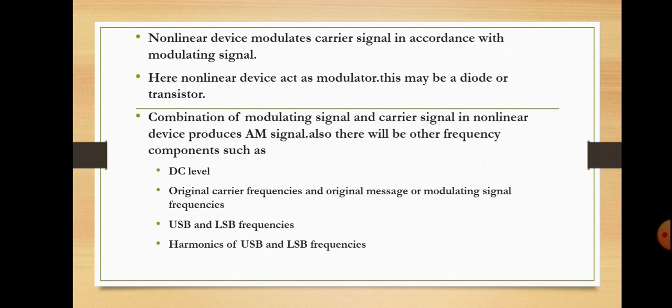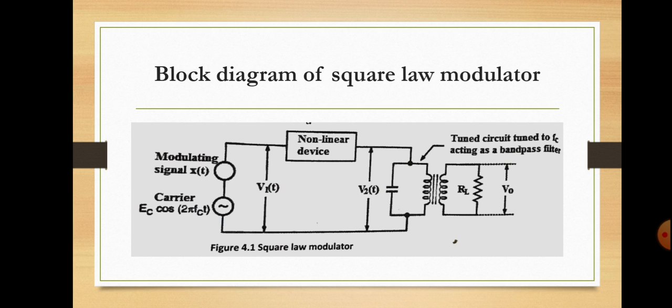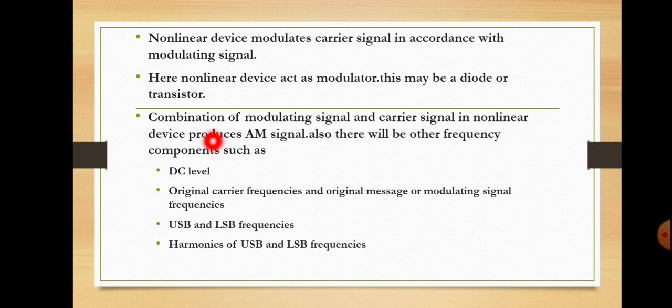And also there will be other frequency components at the output of this nonlinear device. Along with this amplitude modulated wave, there will be some other frequency components present, and those components are DC level.